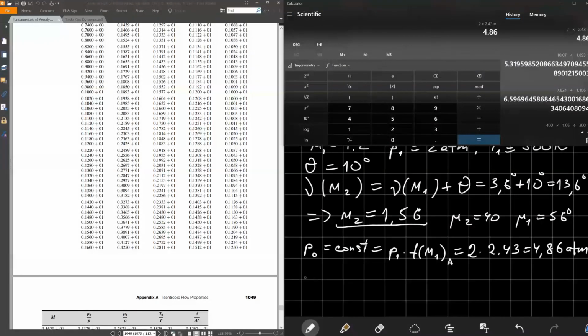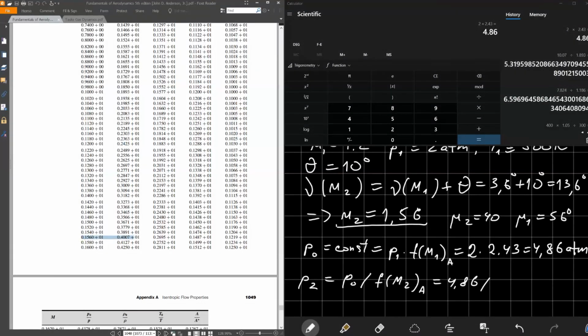Now just calculate pressure 2. Pressure 2 is the ratio between pressure 0 and the function of Mach number 2 from Appendix A. So it's 486 divided by, where is my Mach 1.56? Is right here, and the ratio is 4.07.